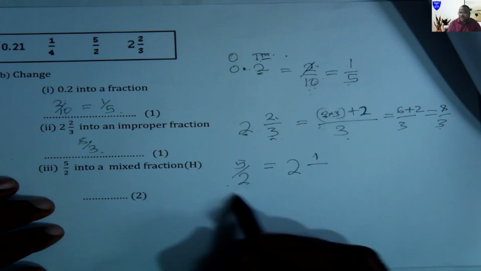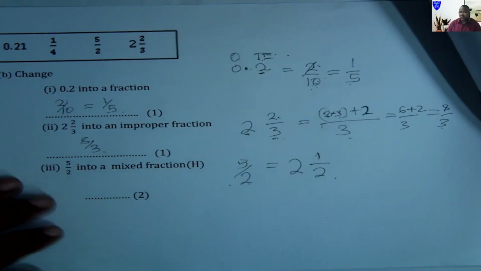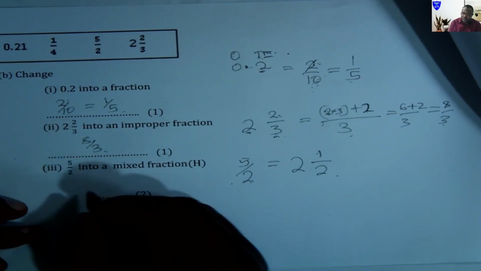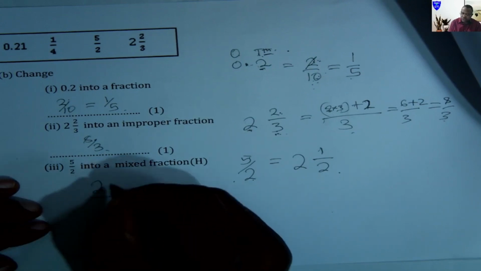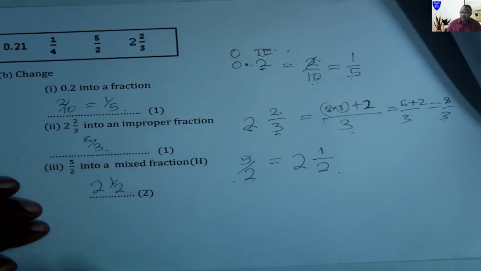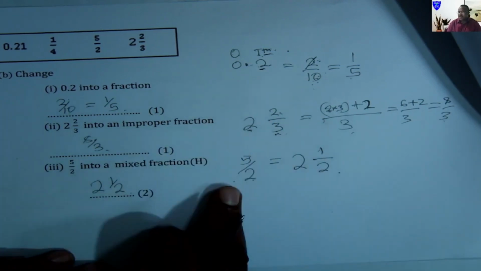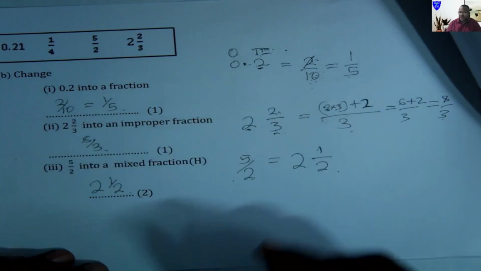Then you return the denominator, 2. So 5 halves written as a mixed fraction would simply be 2 and a half. And if you change this into an improper fraction, you find it gives you exactly that. If you follow that method, you'll be able to arrive at 5 halves.